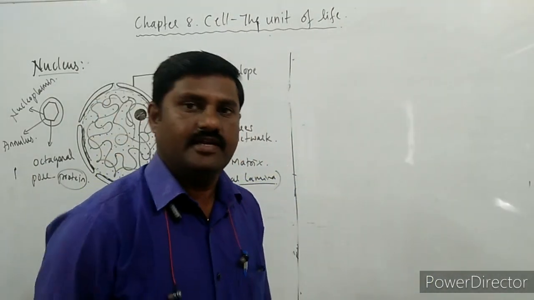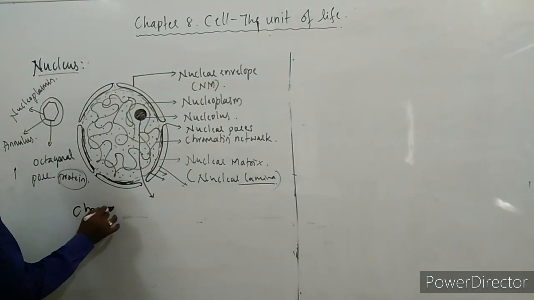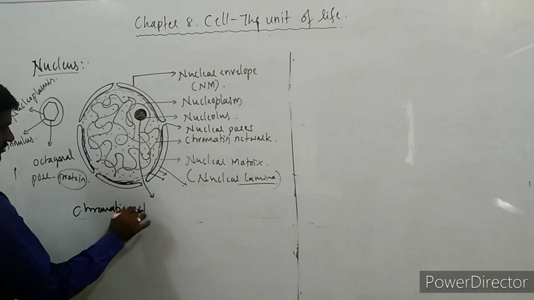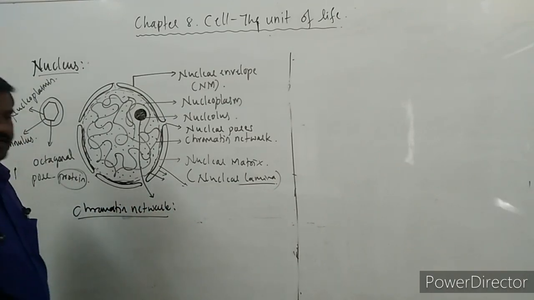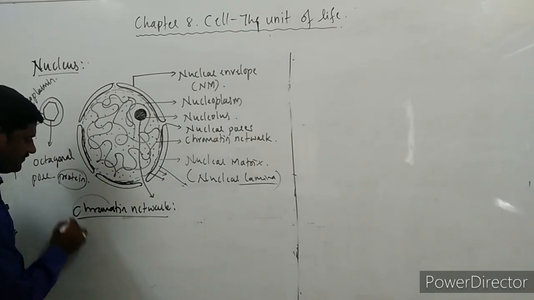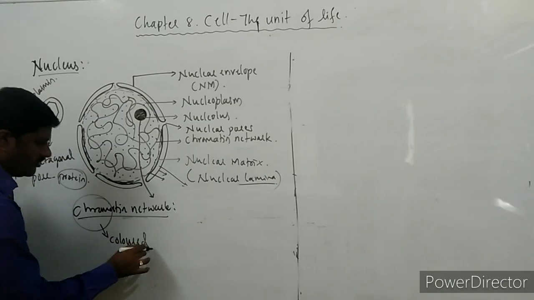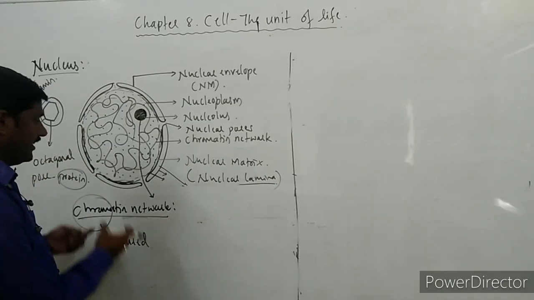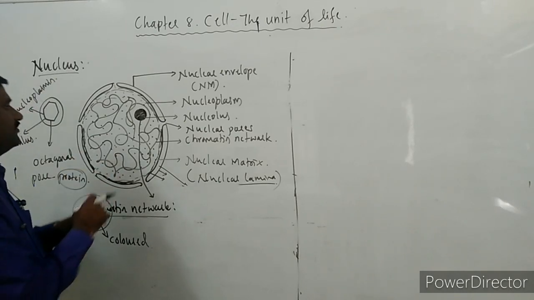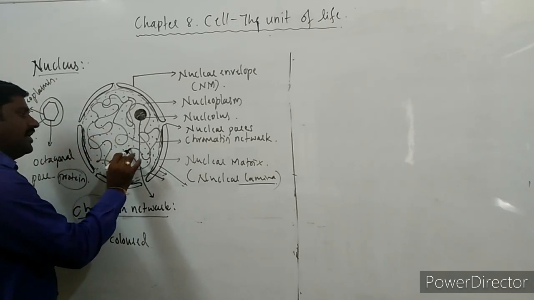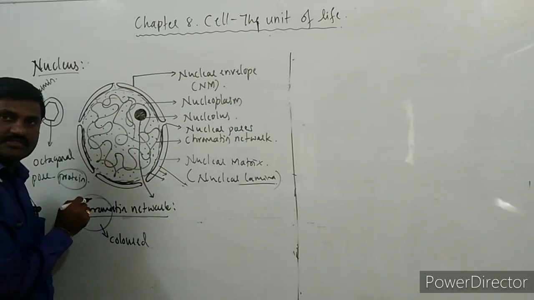Now, the chromatin network. What is this chromatin network? The name itself: chroma means colored. When the nucleus is stained, this thread-like material takes the stain and becomes a colored structure.